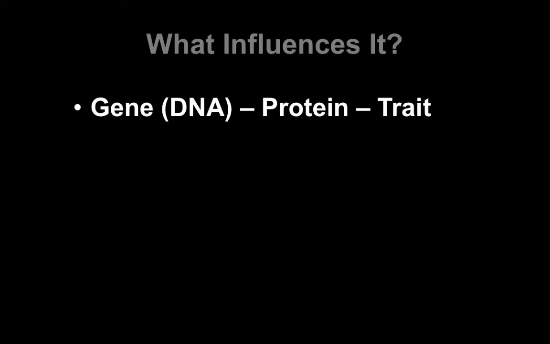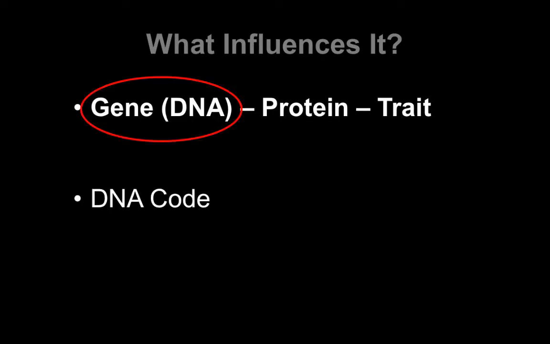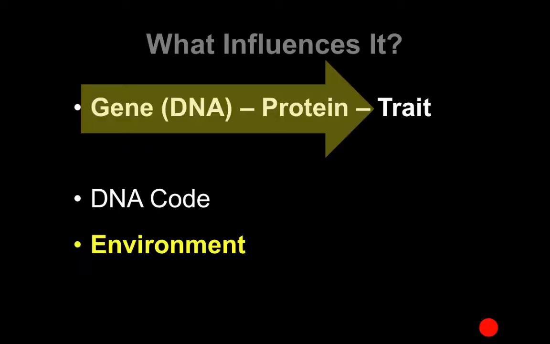There's a number of things that influence this. Obviously, the number one thing is the DNA code itself, because as we know, the DNA is what codes for the protein that then creates the trait. But what you may not know is that the environment also has a really big influence on how these genes become traits.